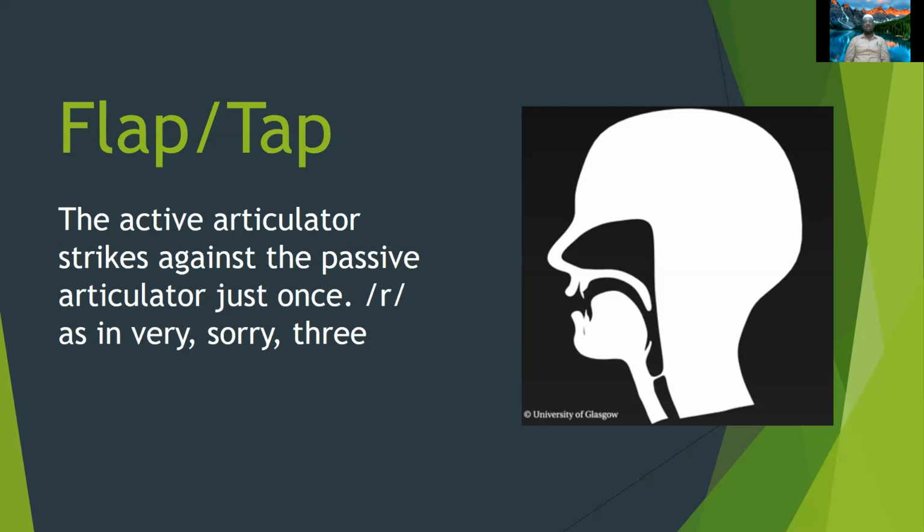We don't say three, we don't say sorry, it's only once. The active articulator, this tongue, strikes the passive articulator here, the teeth ridge, only once. Very, sorry, three. It's called flap.